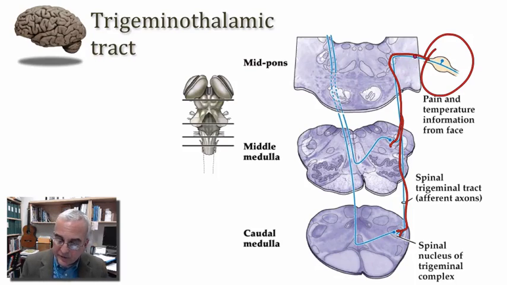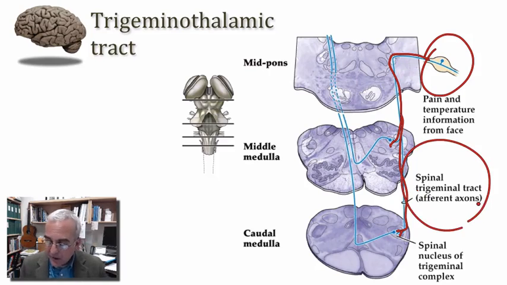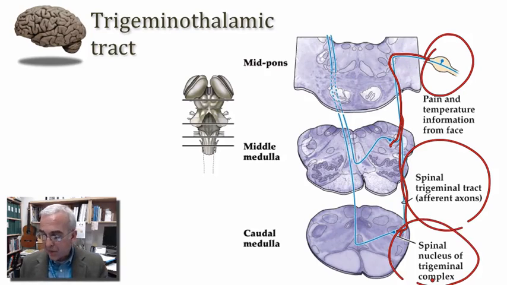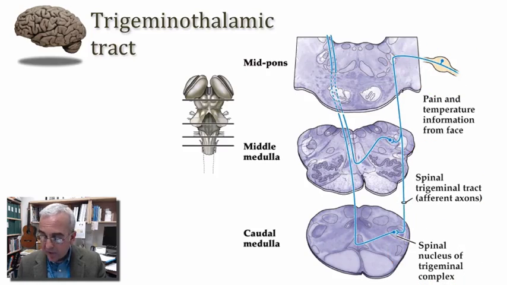So this descending tract of afferent fibers is called the spinal trigeminal tract, and the column of cells that receive synaptic input is called the spinal nucleus of the trigeminal complex. Now, there is some somatotopic order along the length of this nucleus. So this illustration perhaps is just a little bit misleading.